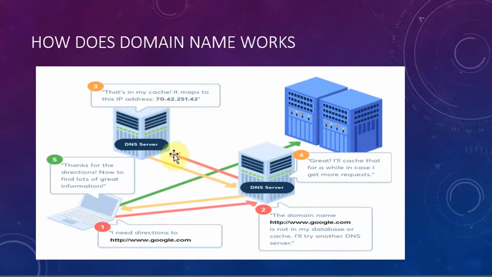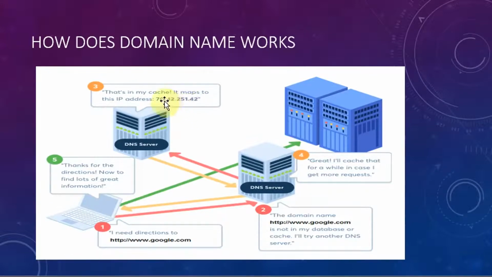Eventually this request keeps on going like that until it gets to a domain name server that has cached this domain name. So let's say eventually this is the domain name server and it says, okay, yeah, that's in my cache, it maps to this IP address, because that's how computers communicate, via IP addresses.